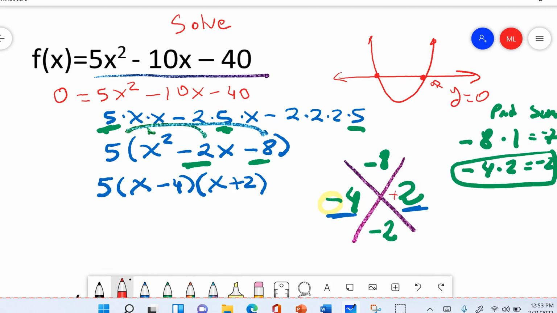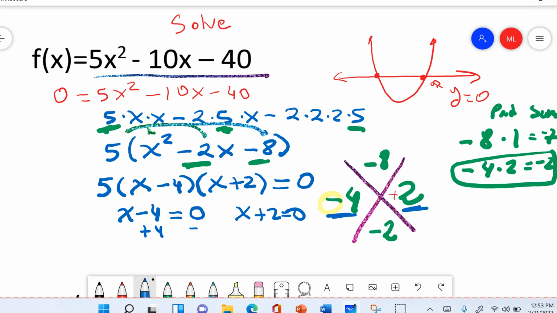Okay. Now, did I finish? No, because the question is to solve. Find the solution. So I have to make it equal to 0. Because the product is 0, each parenthesis has to be equal to 0. And then I solve. I do the opposite.